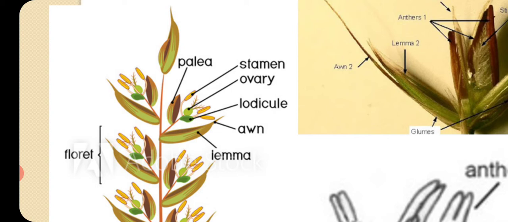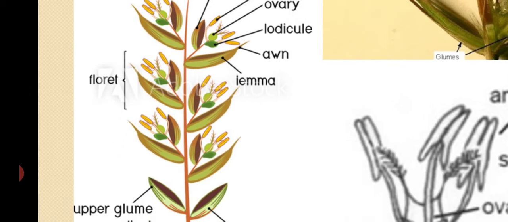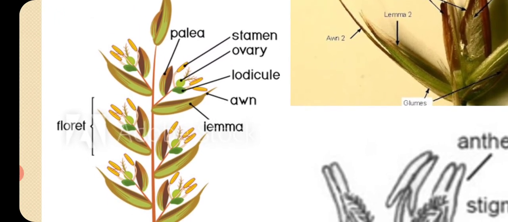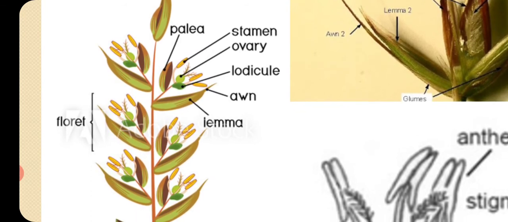The fertile glume, which is the lemma, is closely similar to the sterile glume. Here the sterile glumes and the lemma are very much similar to the infertile ones.